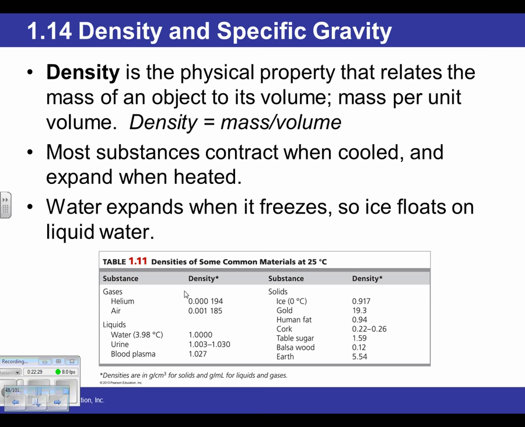It's a relationship between mass and volume, and it can be used to solve for the identity of a compound, provided that the temperature conditions are static or the same. Because density can actually be influenced indirectly by temperature, if you will. Temperature affects volume, which inherently will affect the density. So water is generally the staple, and it has a density of 1 gram per milliliter at 25 degrees Celsius.